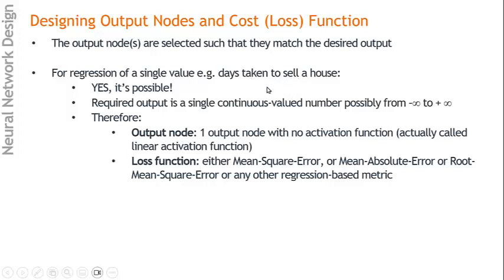In this case, your output node would have no activation function. You just simply let the outputs range freely. So this is called a linear activation function. And for the loss function, we would use the same loss function as for linear regression, mean squared error. You can also use mean absolute error or root mean squared error. Of course, mean squared error is mathematically easier to deal with.